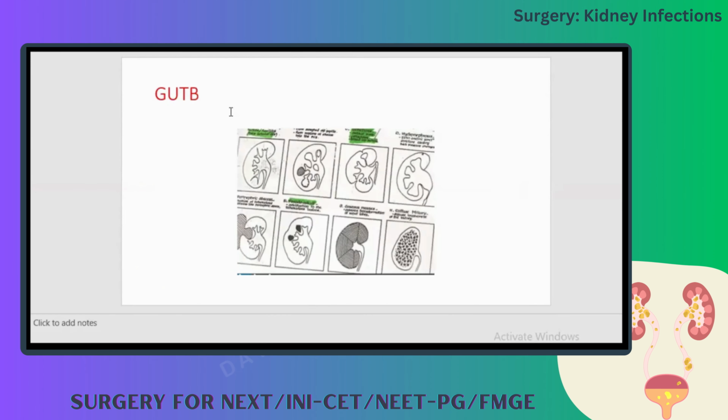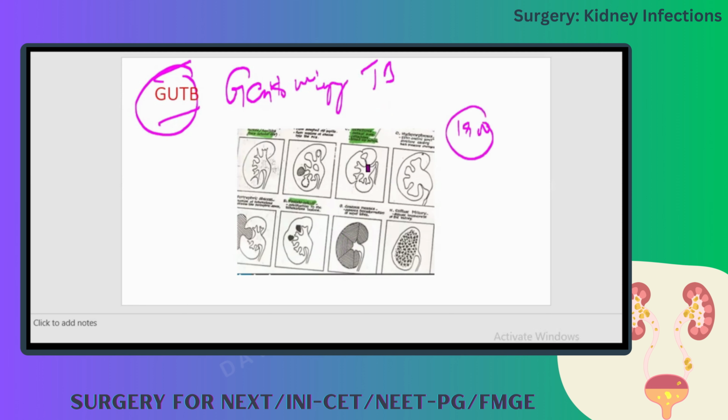So what is this? Genito-urinary TB, tuberculosis. See here, this is the classic picture. It was given around the 1900s, when TB was rampant in India.